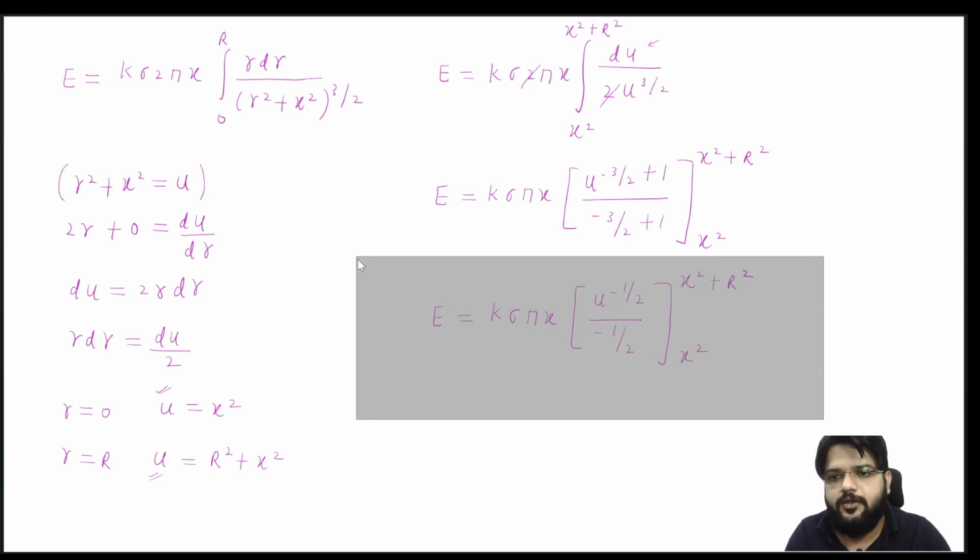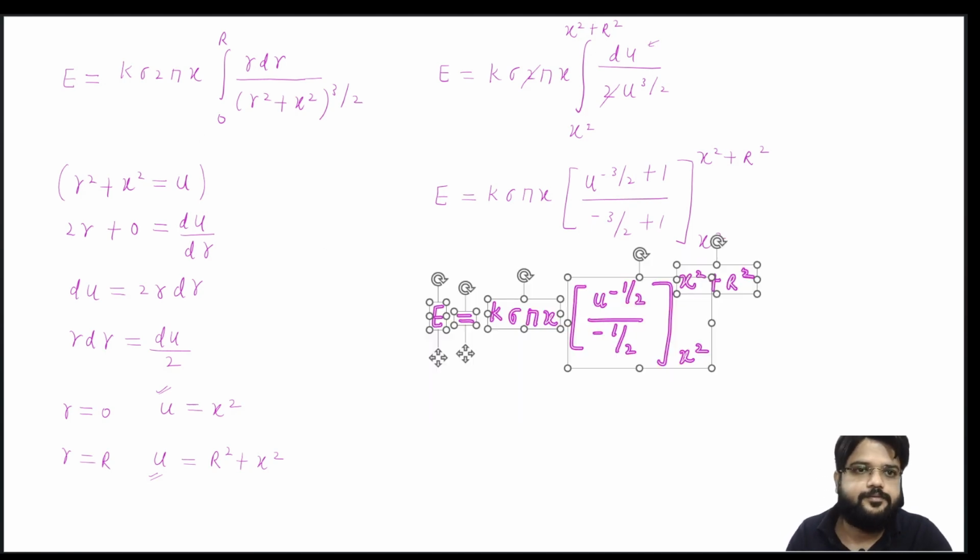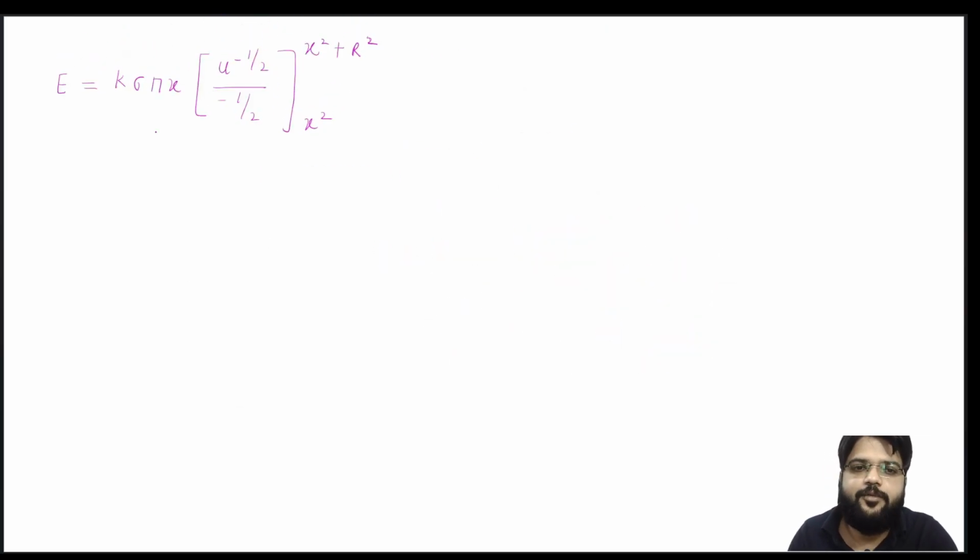Take the next slide, everyone. Okay, so now we are putting the limit of integration. Then what will we get? E equal to k sigma pi x, and this is divided by minus 1 by 2, so it can be written like this also, minus 2 k sigma pi x, and put the limit here, everyone. So u power minus 1 by 2 can be written as 1 by root u.